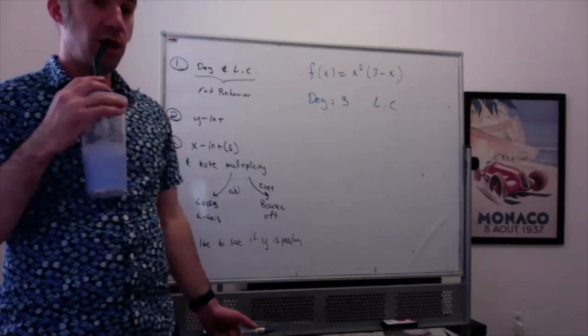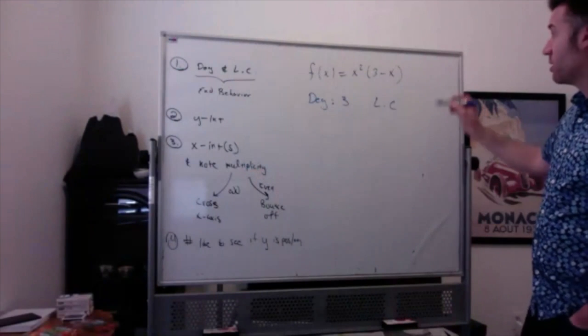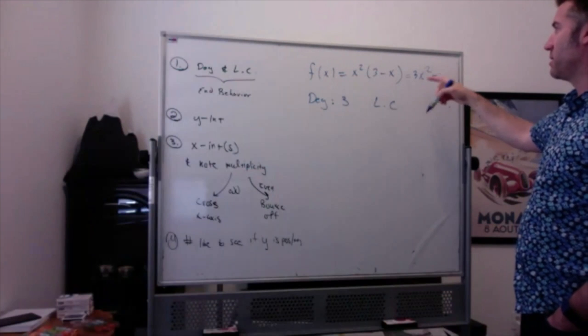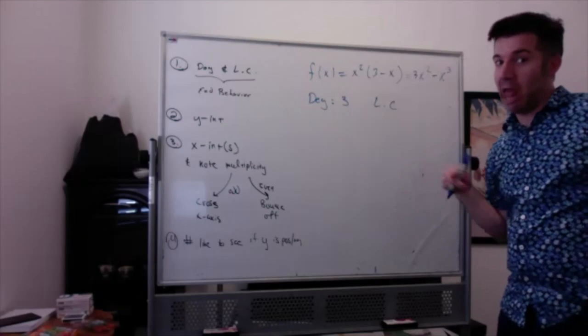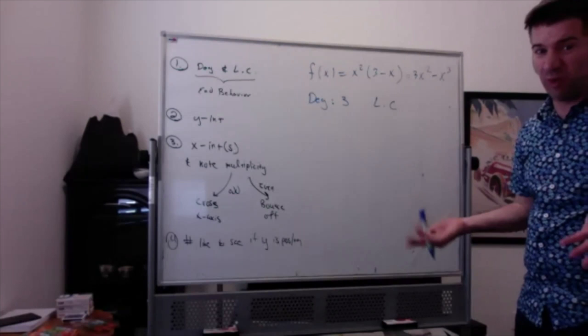Good question, James. We could just multiply it out. So I multiply this out, it's 3x squared minus x cubed. Now, it's a little misleading, pun intended, about the leading coefficient, because the leading coefficient doesn't mean the first thing you write.